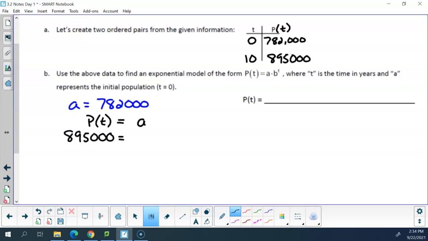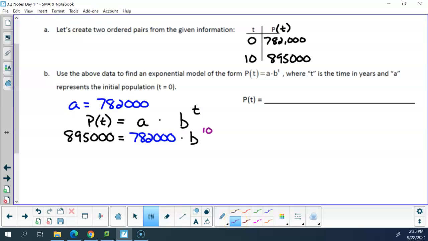We know that A is 782,000. We don't know what B is, but do we know what t is? What is it? It's 10.